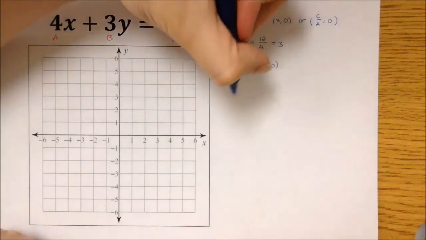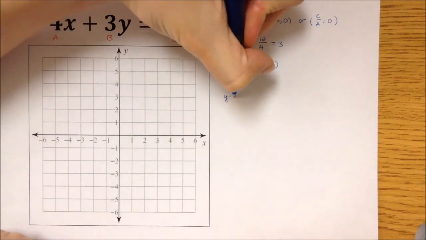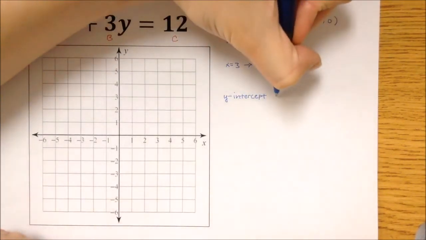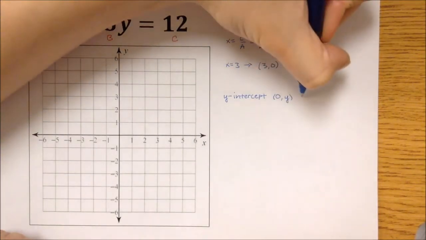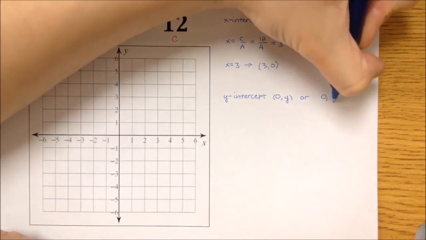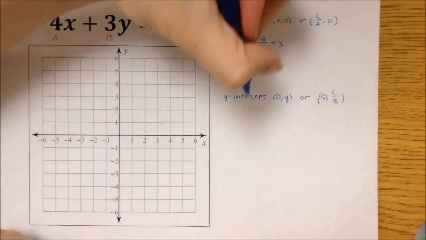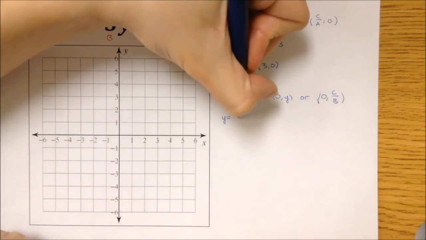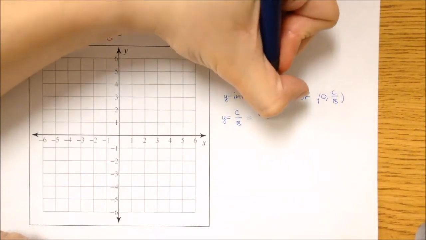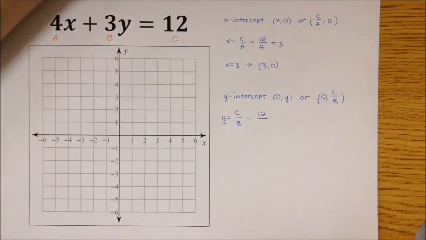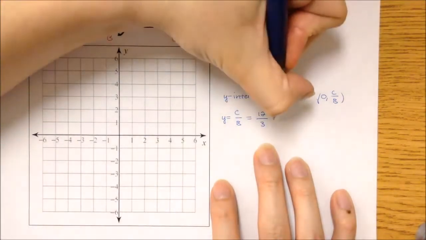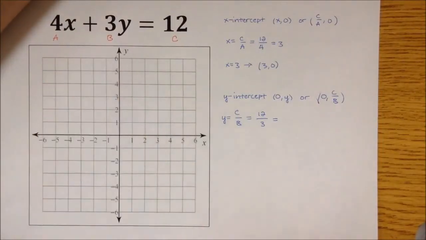Alright, now the y-intercept. And again, the y-intercept is also a coordinate point, 0, y, or 0, capital C divided by capital B. So y equals capital C divided by capital B. The value of capital C is positive 12, divided by the value of B, which is positive 3, because it's a plus.